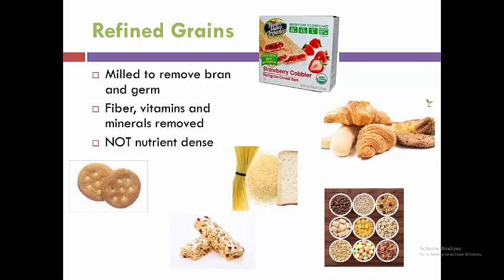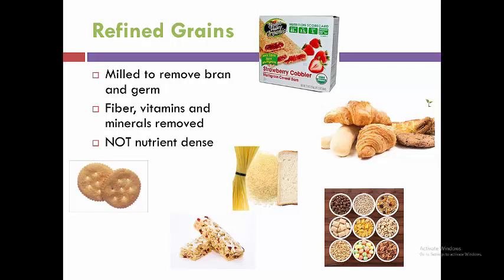These things here, though, these cereal bars, whether it's your Nutri-Grain type bars or it's your Special K bars, your crackers, your cereals, your croissants, your breadsticks, your cookies, your white pasta, your white rice, these are the things that we need to modify if we want to promote health.